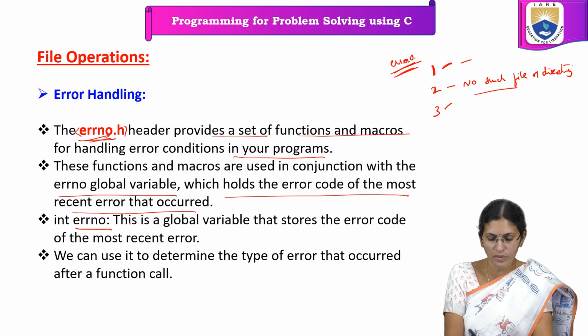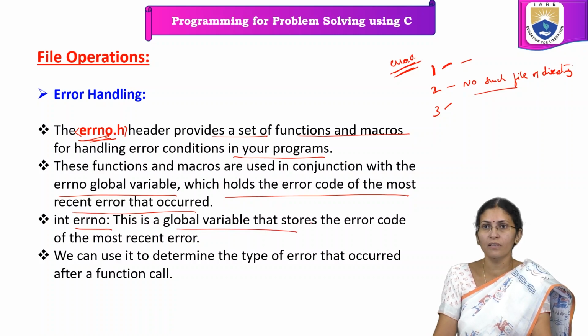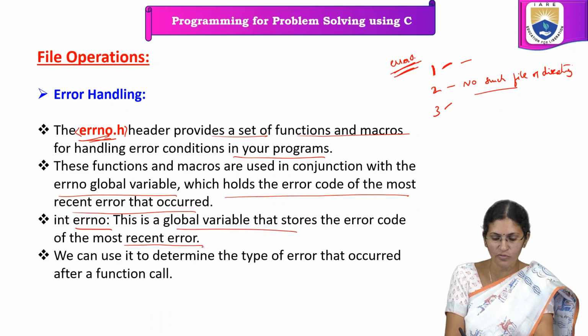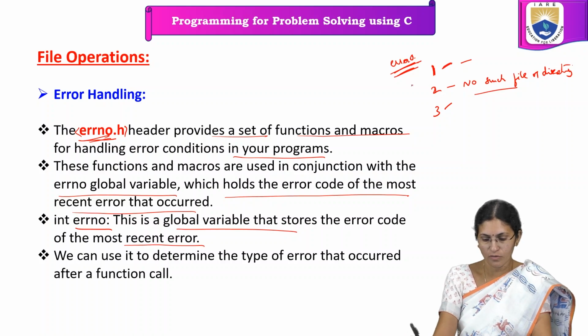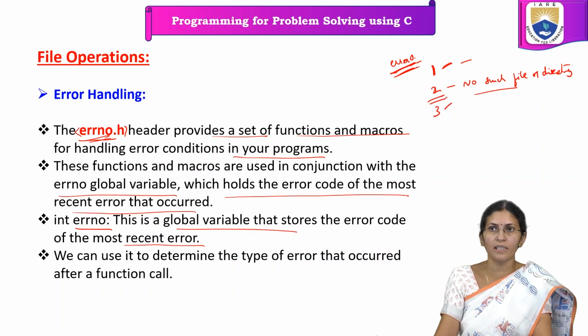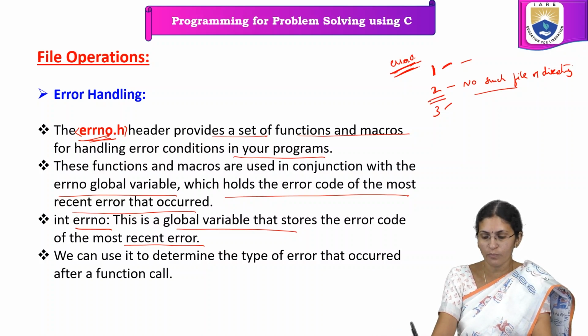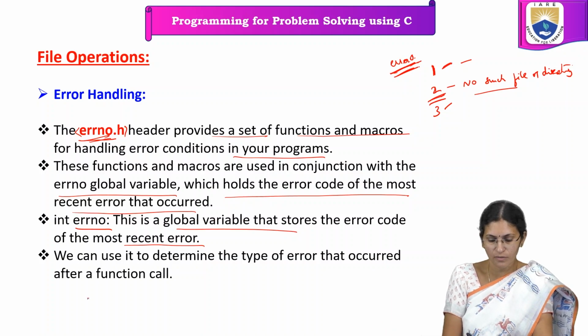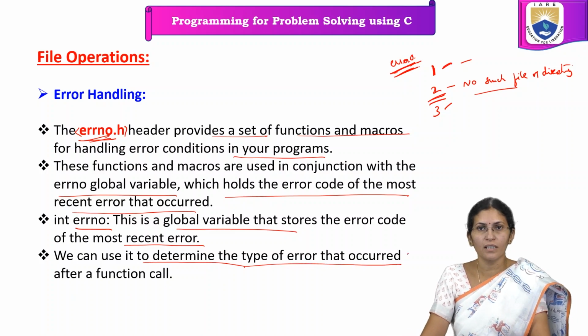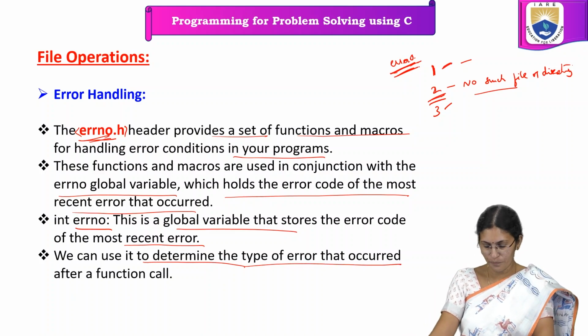So int errno is a global variable which stores the error code of the most recent error. With the help of this code, we can identify what type of error is occurring in the program, and use it to determine the type of error that occurred after a function call.